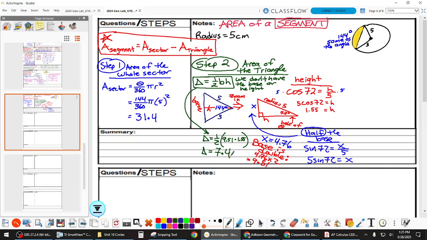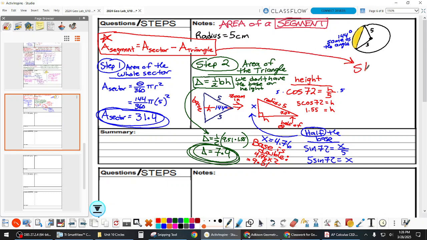Okay, we're close to done. We have one more step. So what are we going to do to get our final result? We have one more thing to do. Yeah, take these two right there. And so all we have left is just a subtraction problem. That is step 3.